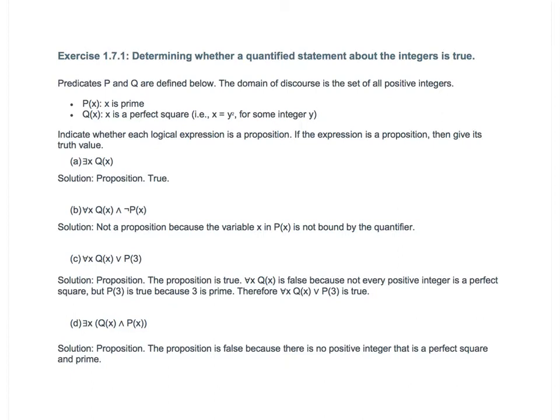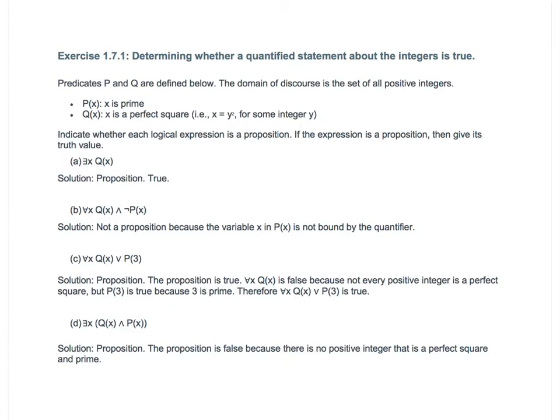The first part is "there exists an X, Q of X." So this case, the first part, is a proposition, because Q of X is bound to an existential quantifier.